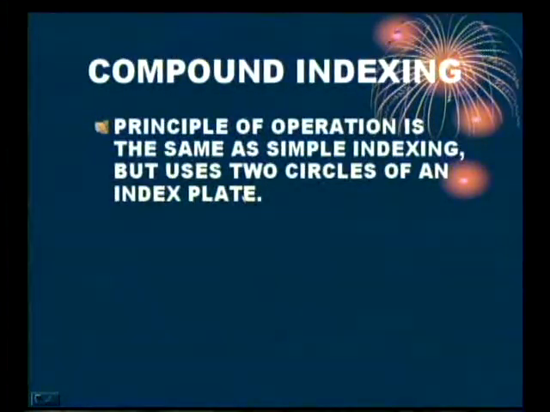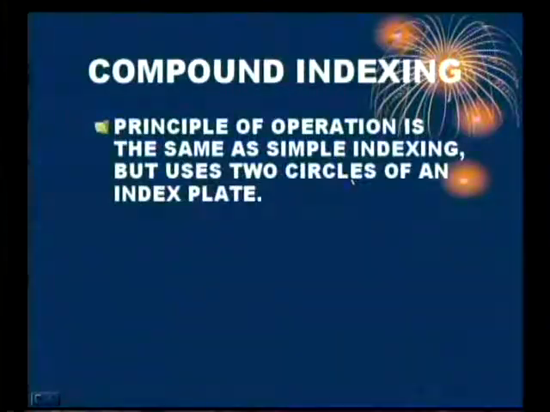We have a number of concentric circles on the index plate. Only one circle at a time is used in the previous method, the plain or simple indexing method. But in compound indexing, 2 circles of the same plate are used.